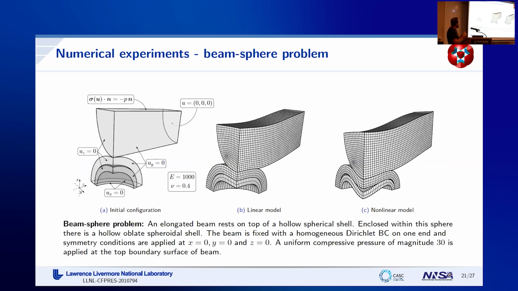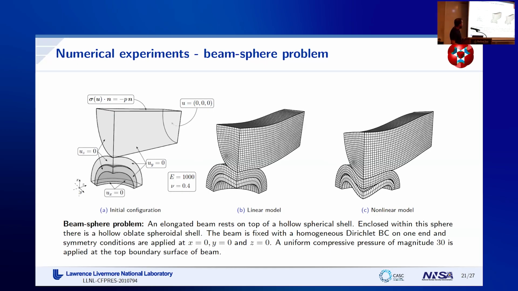The last example here is linear and nonlinear elasticity. Same problem, linear elasticity, and this is solved with nonlinear elasticity, the neo-Hookean material from MFEM. You have two beams compressing a sphere that has another sphere, or spheroid, in it. We model only one octant here, and we use symmetric boundary conditions on this side and at the bottom.